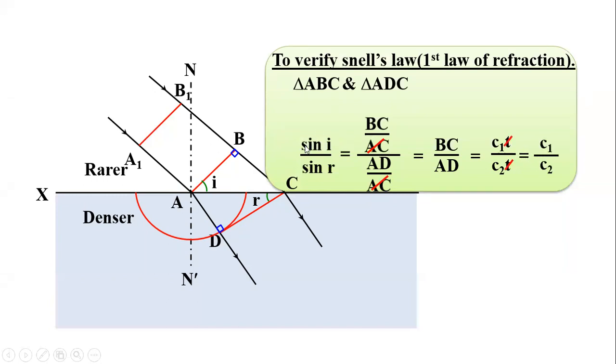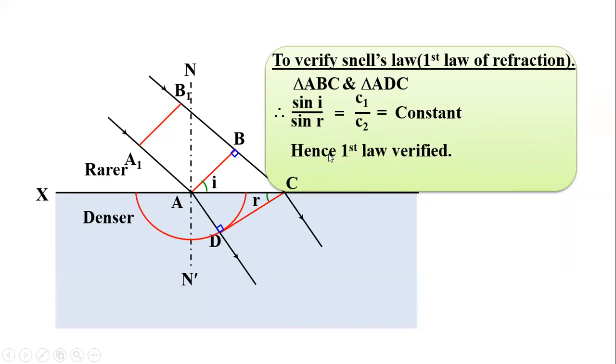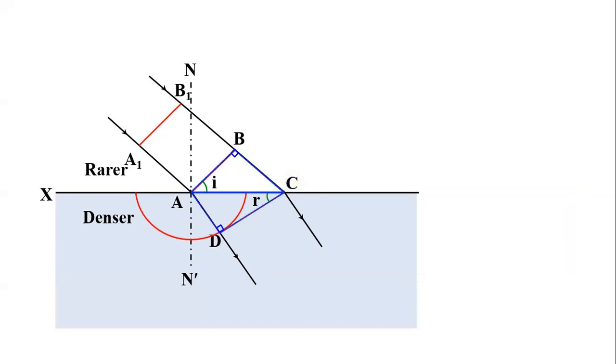But you know that this sine i upon sine r is called the refractive index of the medium and it is indicated by letter n. So sine i upon sine r is equal to C1 upon C2, and that is a constant, and hence here the first law of refraction is verified. So Snell's law of refraction is proved with the help of the wave theory of light.